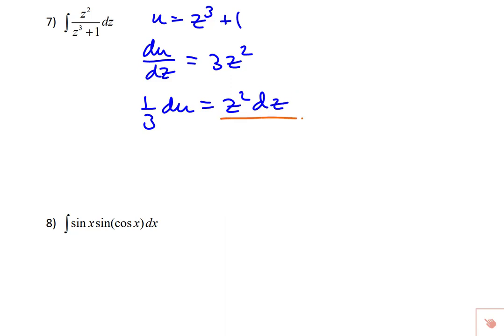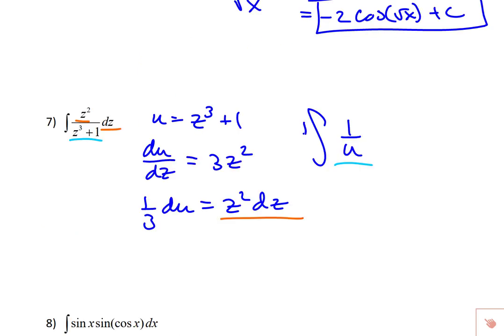Now notice the z squared dz is going to replace those exact pieces in our original. So let's rewrite this as the integral of 1 over u, which will take care of the z cubed plus 1. But then we need this extra 1/3 constant represented, and then we'll put our du at the end.